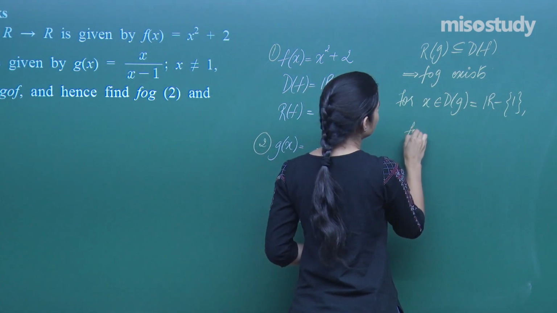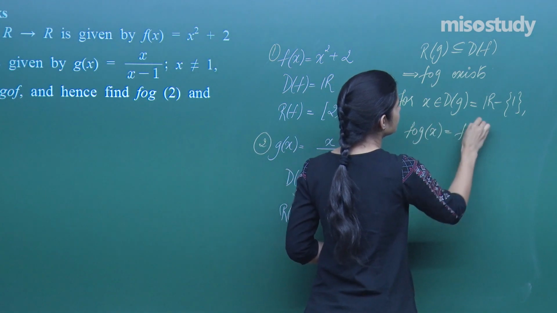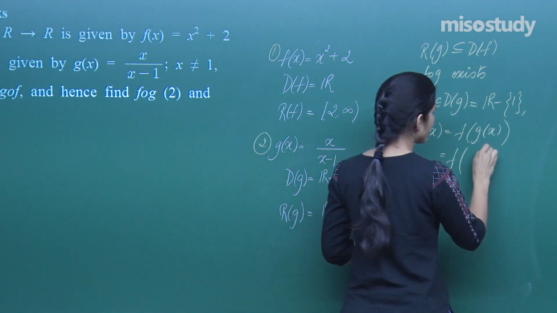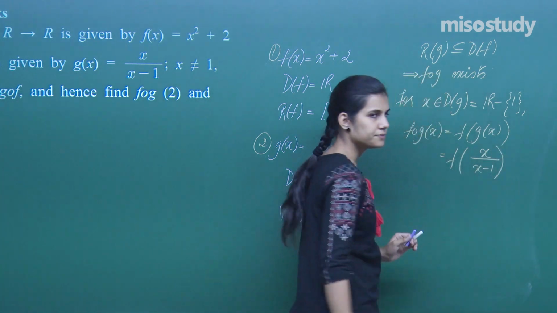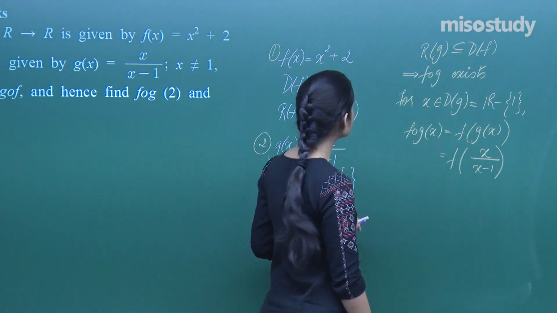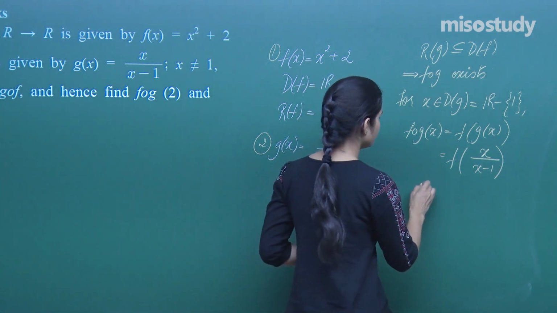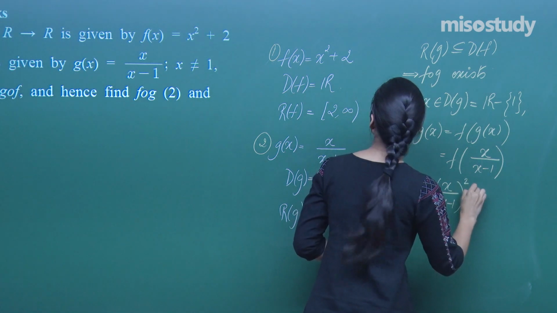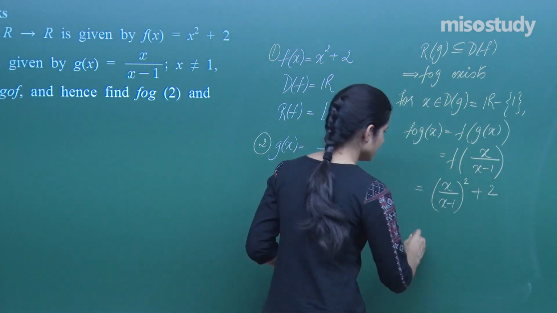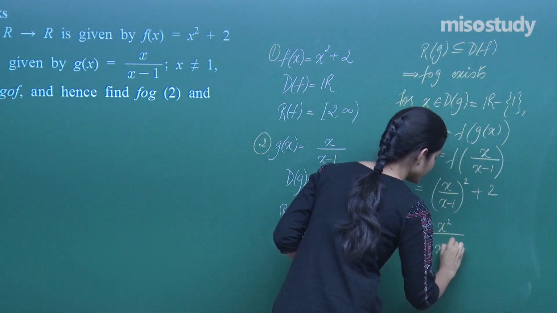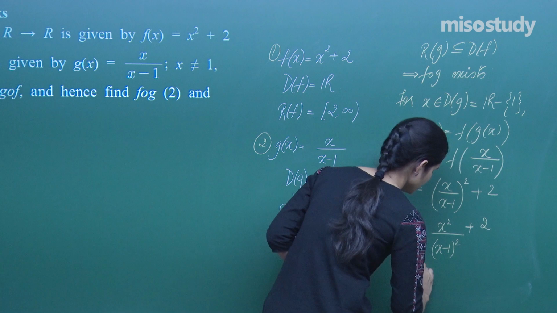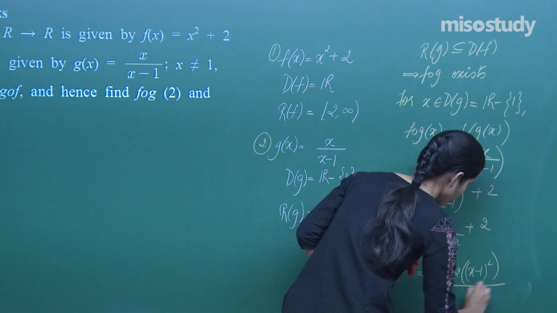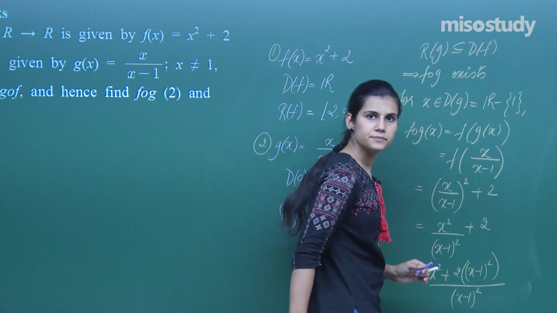For x belonging here, FOG of x is f of g of x, where g of x is x upon x minus 1. When you put it over here, f of g of x means x upon x minus 1 whole square plus 2. This gives you x square upon x minus 1 whole square plus 2, which gives me x square plus 2 times x minus 1 whole square, whole upon x minus 1 whole square.